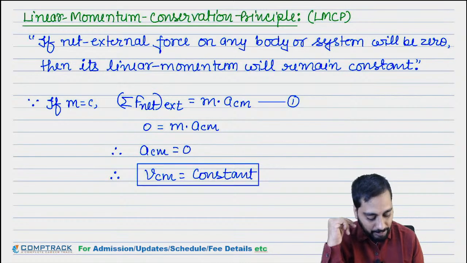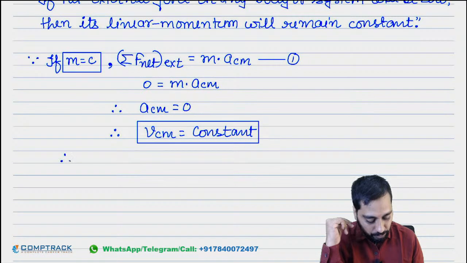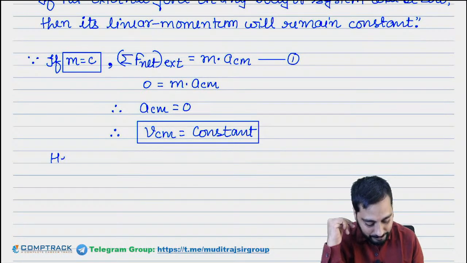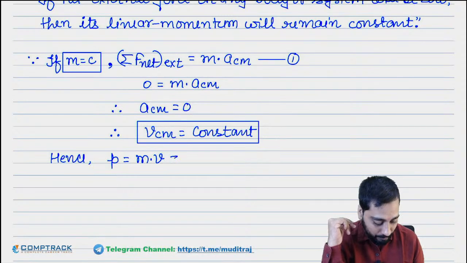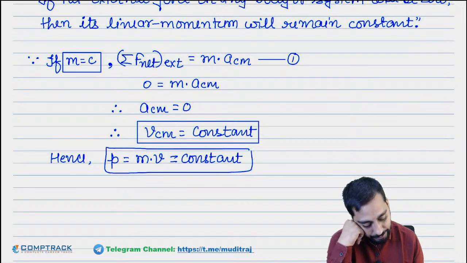Okay, and mass was already constant. Yes or no? So mass and velocity both are constant, hence linear momentum P equal to m into v will become constant and conserved.